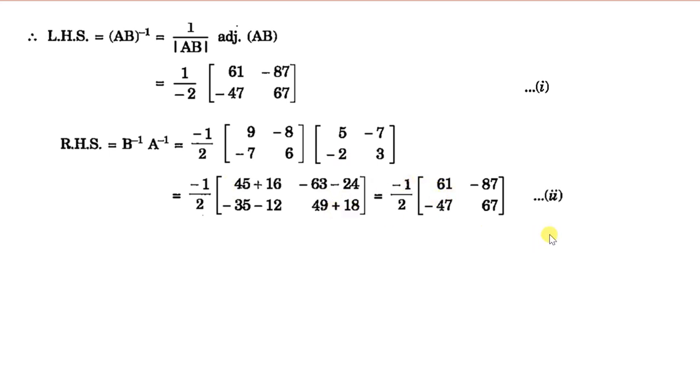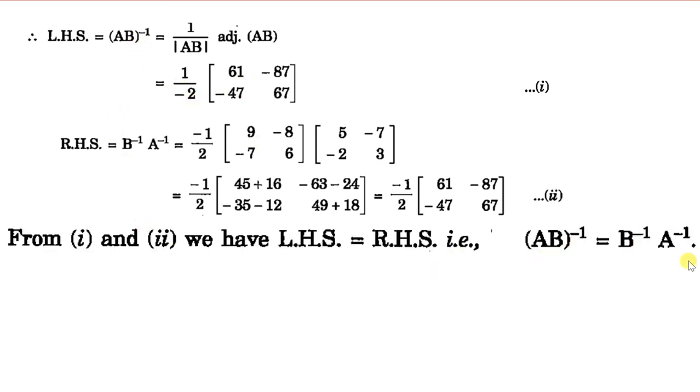Then the last element at the A22 location, you use the second row, second column. So 7 7s are 49 plus 18, 67 will come. So from the first equation and second equation, you observe that (AB) inverse is equal to B inverse A inverse.